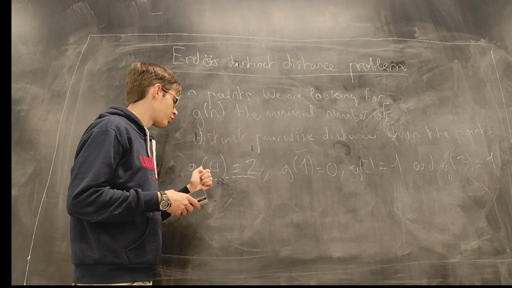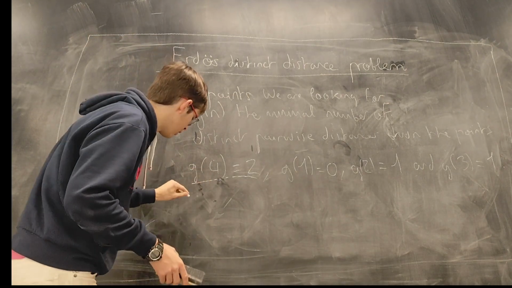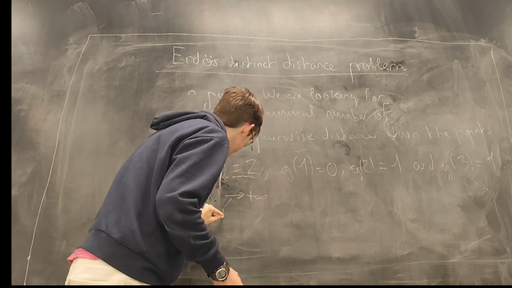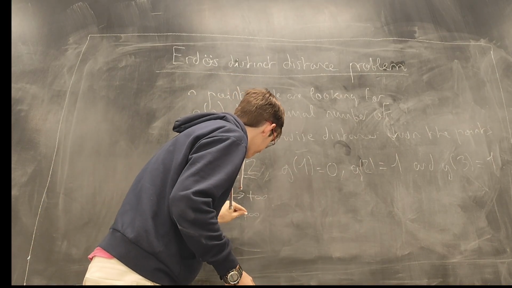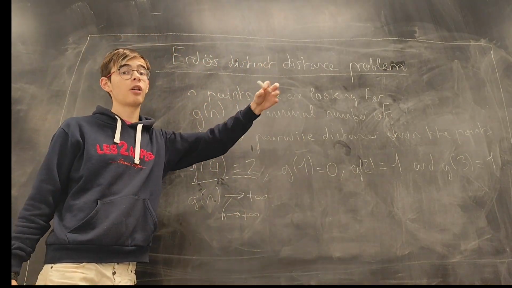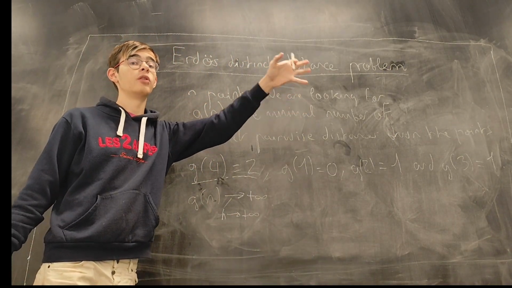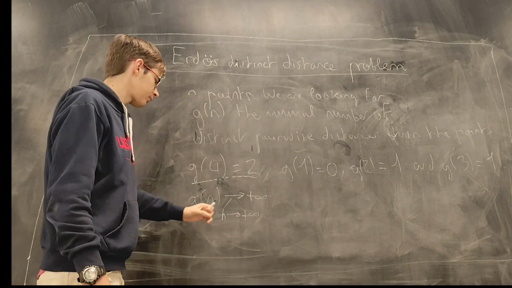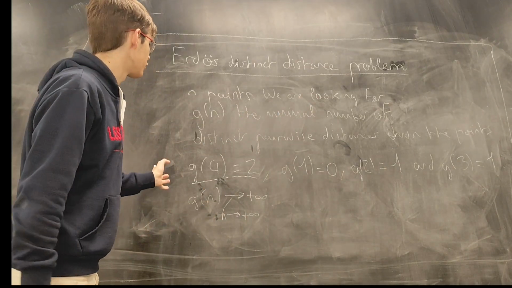Basically, I'll just show that g of n goes to infinity as n goes to infinity. Basically, that if you take an arbitrarily large set of points, there will be an arbitrarily large number of distinct distances between them. The proof of this fact is pretty simple.